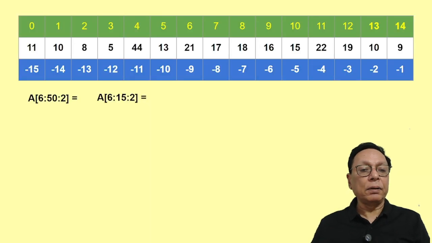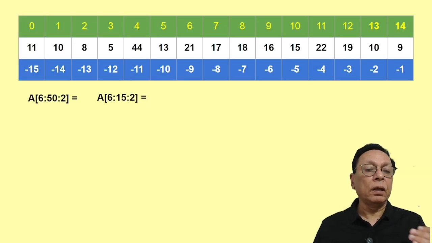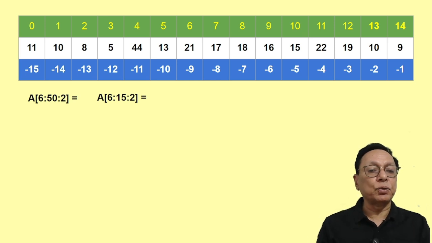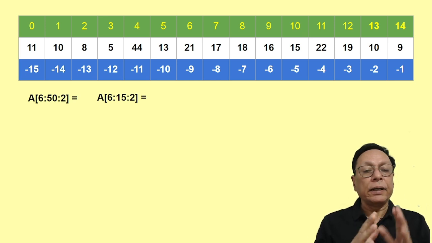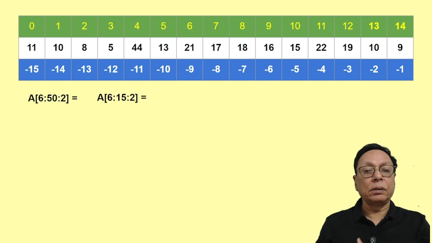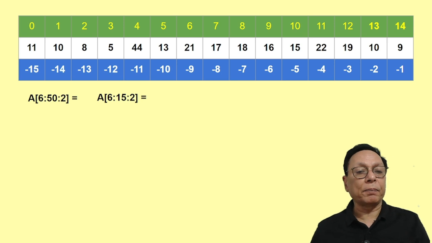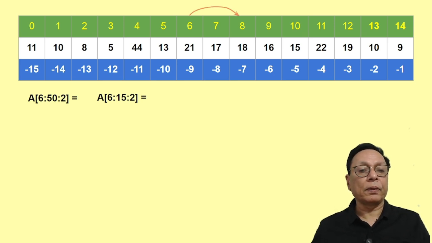So another example here, 6 to 50 and step is plus 2, means stop index is beyond the range. Okay, so in this case you can consider the last index of the list as the ending index, because step of 2 starting from 6.